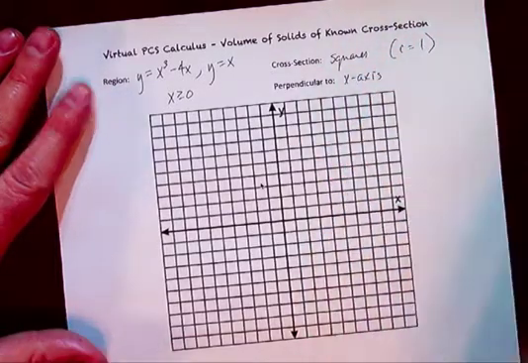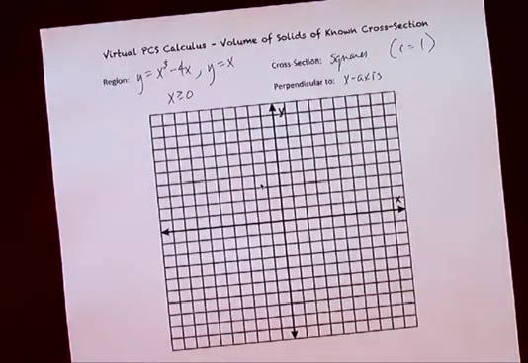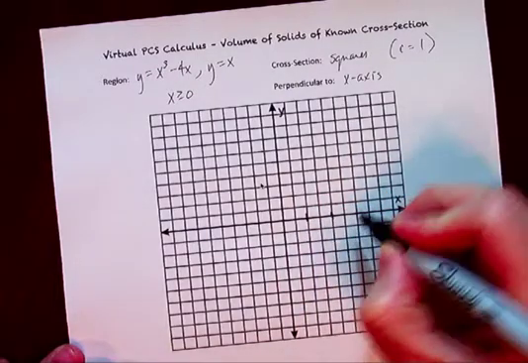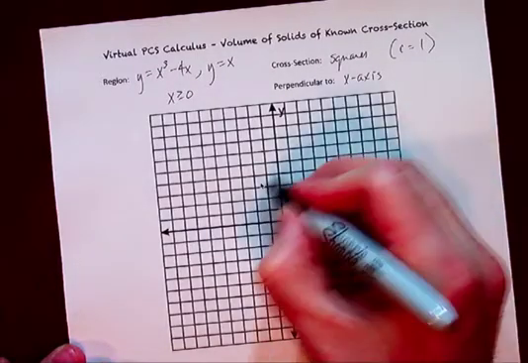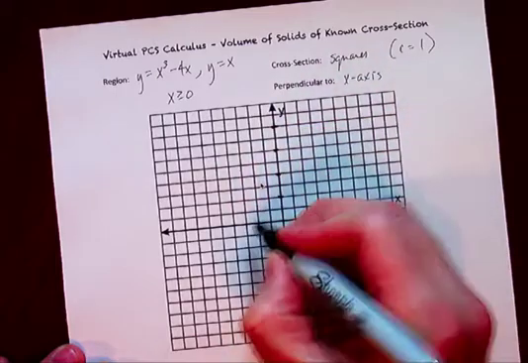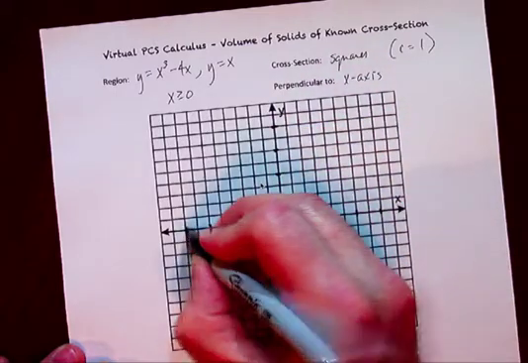Now, y is equal to x cubed minus 4x has 3 solutions. It is an odd function. It has origin symmetry. And its zeros are at -2, 2, and 0, the origin.